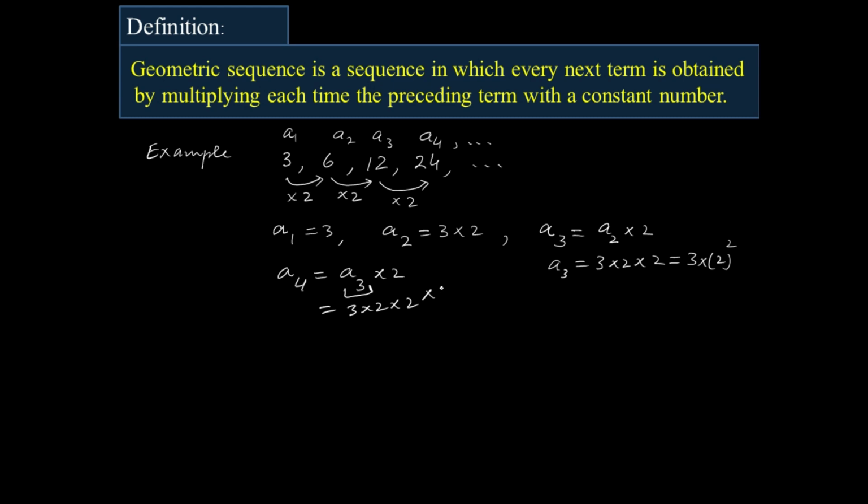Now multiply by 2, and this can be written as 3 multiply by 2 power 3. Similarly, we can see what the next term, the fifth term, is. If this is multiplied with 2, we get 48.